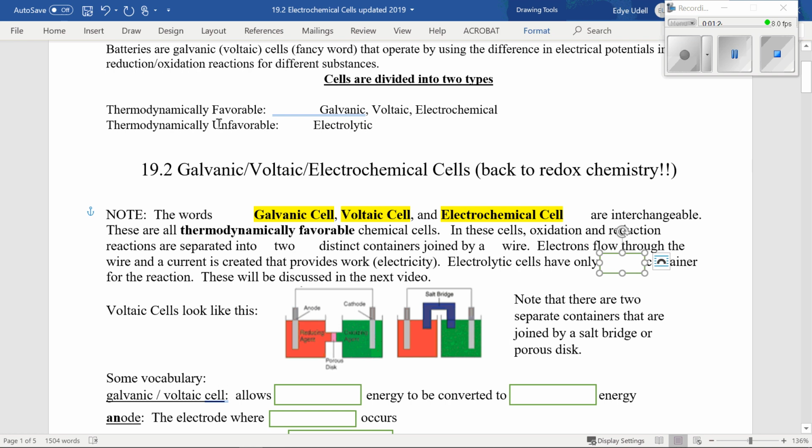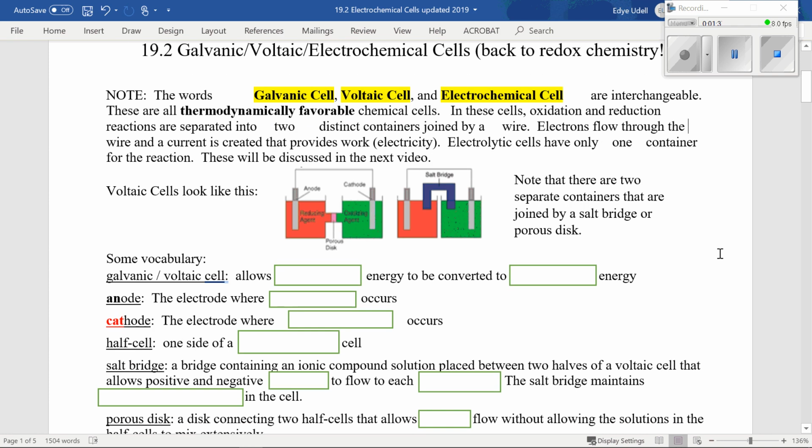Electrolytic cells, those are the unfavorable cells. They have only one container for the reaction, and these electrolytic cells will be discussed not in this video, but in the next video.